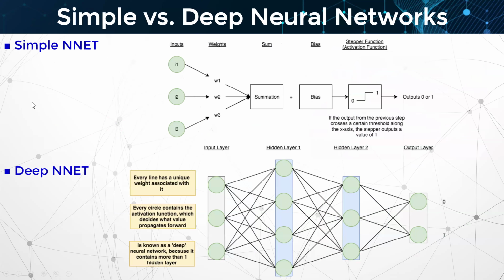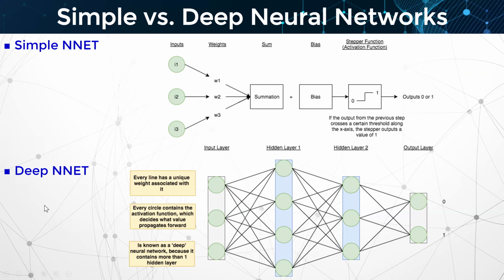So in a simple neural network, the process is to generate the summation of the inputs times the weighting parameters plus the bias term, then perform the activation to get the output.